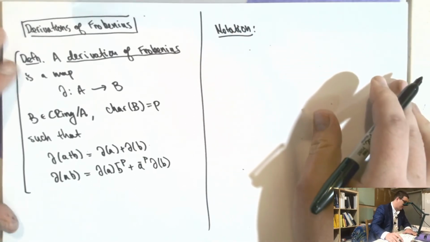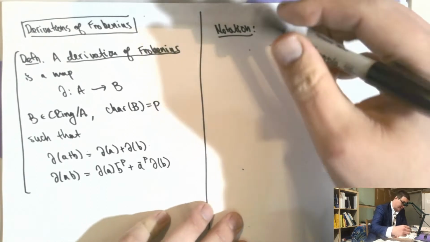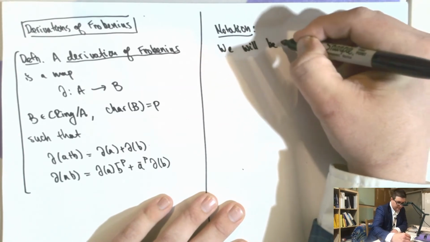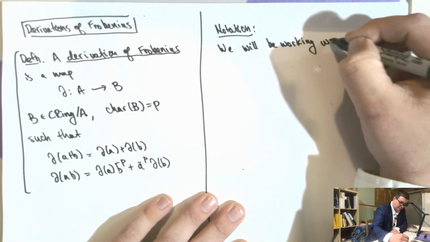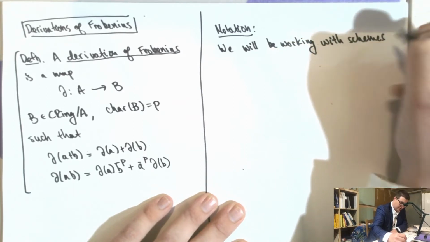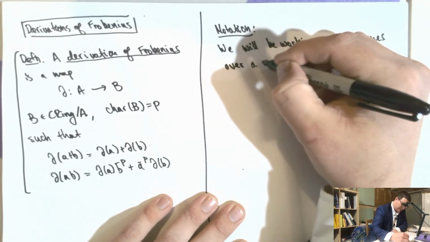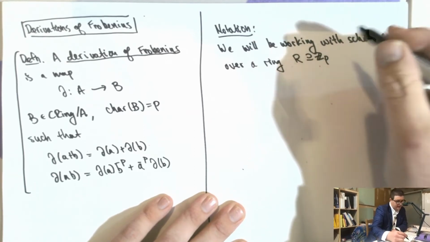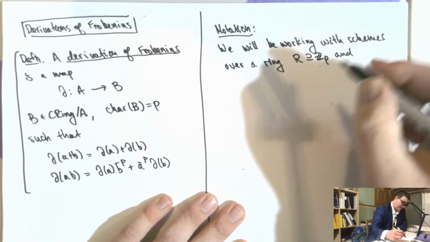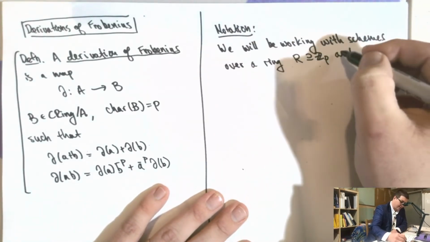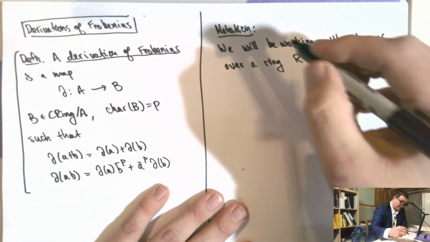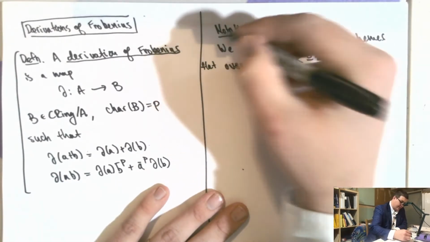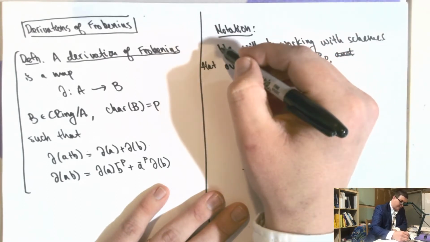Okay, so for schemes, we will be typically working with schemes over a ring R, which is an extension of Z_p but contained in O_C_p.